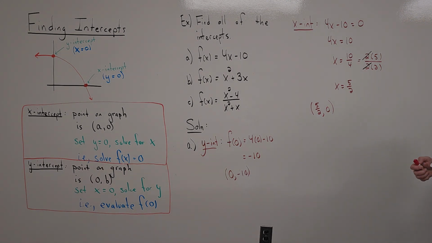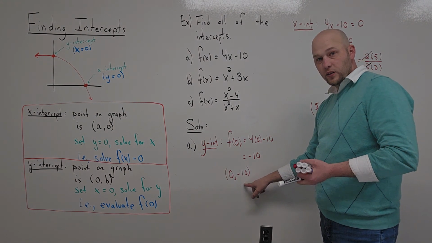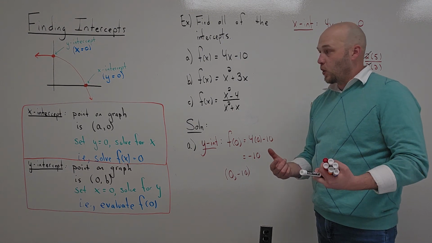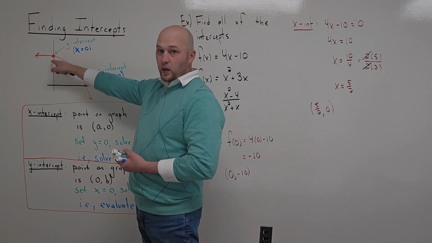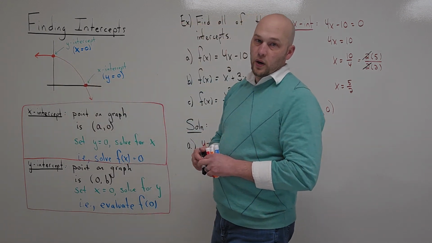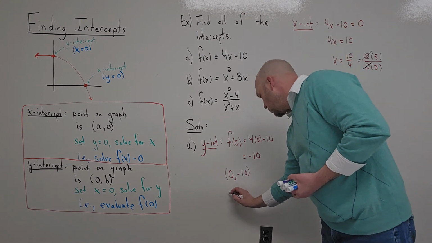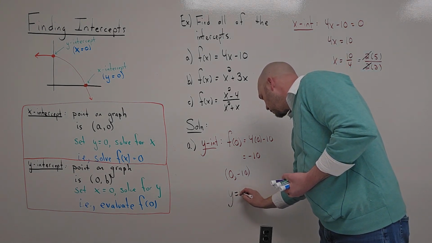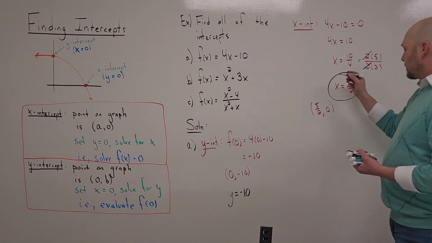Before I do part B, just a quick mention that when we list y-intercepts, sometimes we'll list the ordered pair as 0 comma negative 10 because a y-intercept is a specific point. Points are listed as ordered pairs. However, another way that we'll do this is we'll say the y-intercept occurs at negative 10, x-intercept occurs at x equals 5 halves.